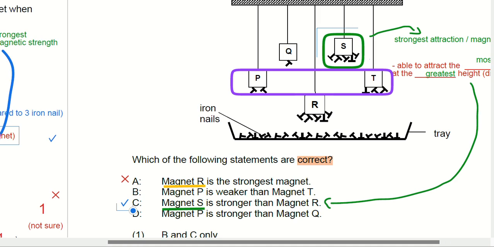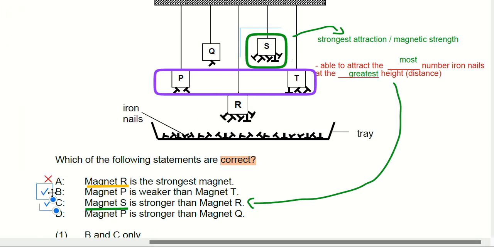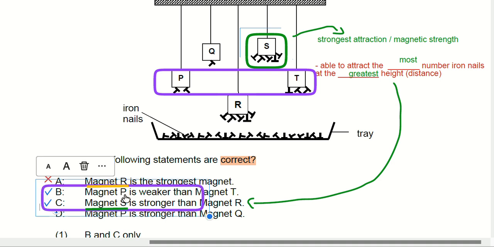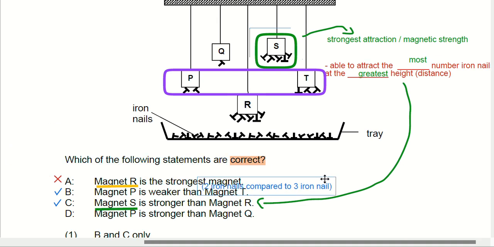Let's put a tick here. Magnet P is able to attract only 2 iron nails as compared to the 3 iron nails for T. So magnet P is weaker. So this is a true statement. So far B and C are correct.